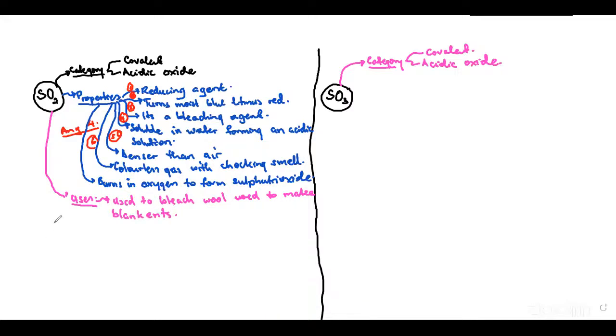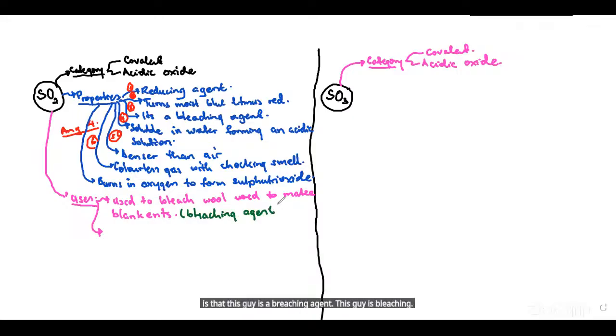That is one of the uses, simply because the property we are using here is that this gas is a bleaching agent. So we are tapping on that property to explain it very well.